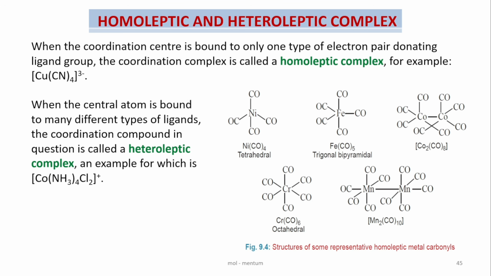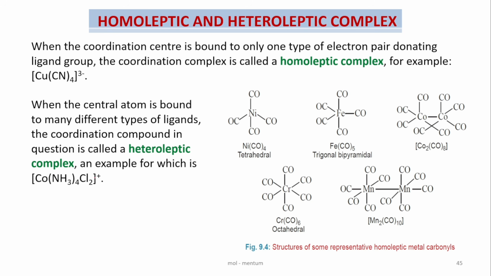Now, what are homoleptic and heteroleptic complexes? Wherever the word homo comes, homo means same, and hetero means different. So the complexes in which only one type, or the same type, of ligands are present are called homoleptic, and the complexes where different types of ligands are present are called heteroleptic.